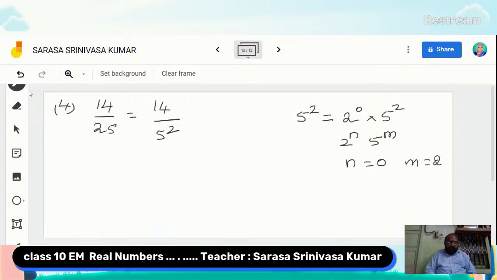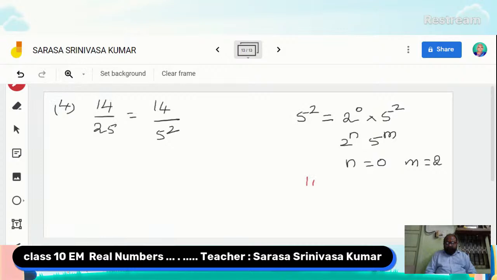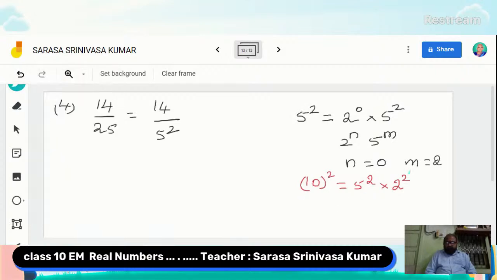Now we want to get 10 square in the denominator. So 5 square must be multiplied by 2 square to get the form 10 square.